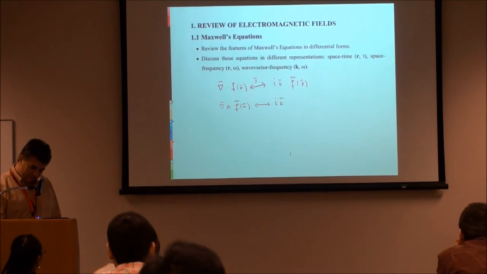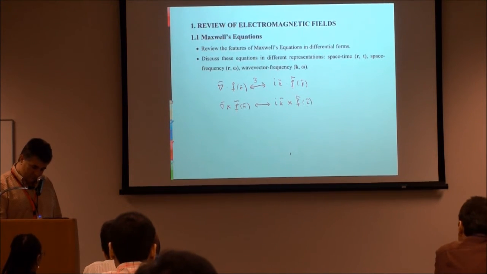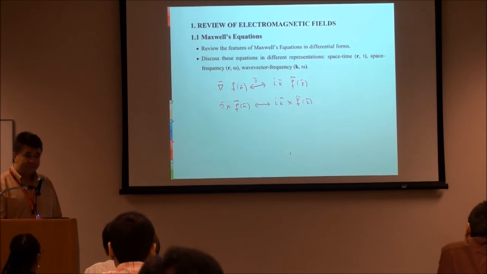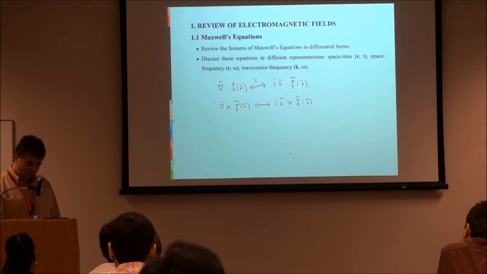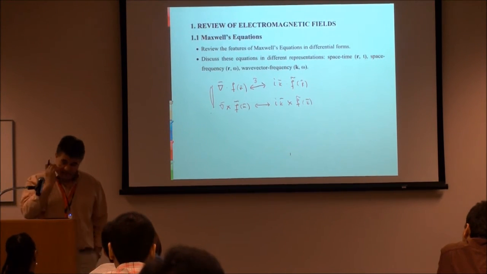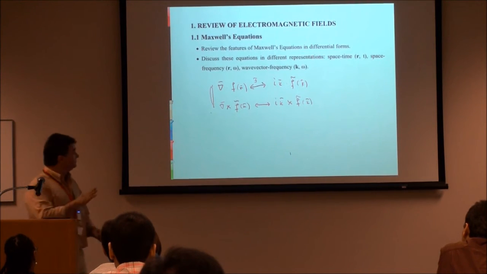Same thing. Now what happens if I apply another one, a del operator on this scalar one? There we go, that's the Laplacian. I will get this twice. So with this, basically, we're ready to go to Maxwell's equations.